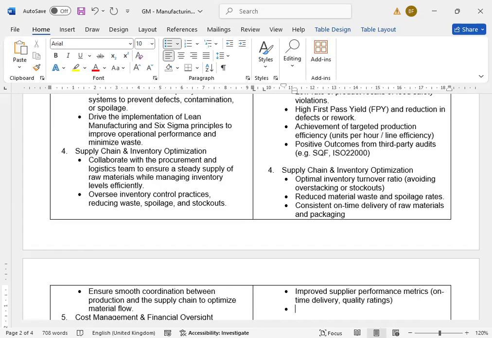Another one, streamlined inventory management with minimal production disruptions.